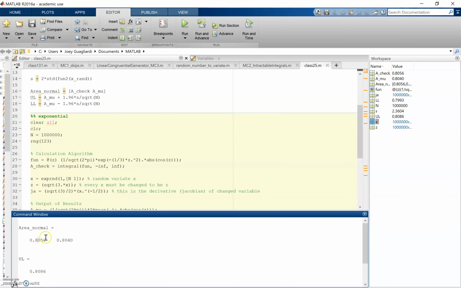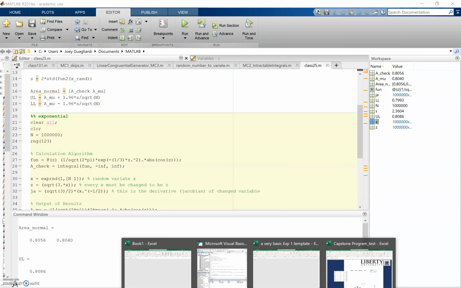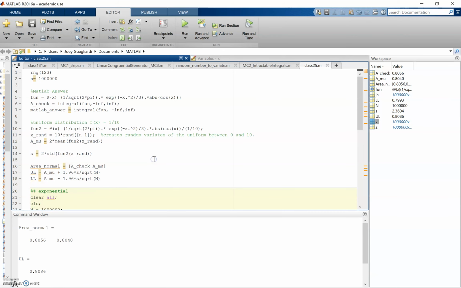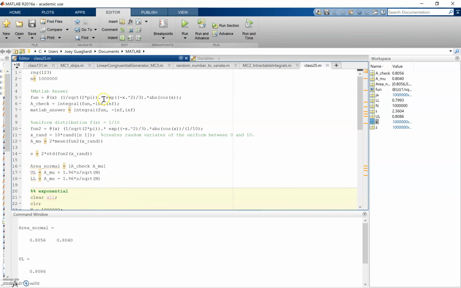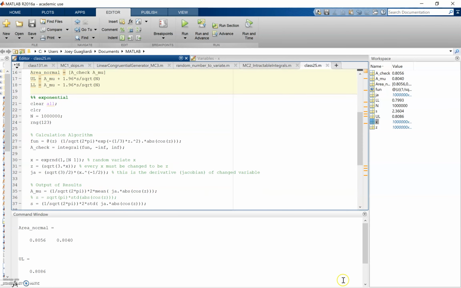As you can see, these are very close to one another, and they both fall in between the upper and lower limits. So we've shown that we can use Monte Carlo to solve an integral equation using any distribution. We actually did this example for the normal distribution and also the uniform distribution.